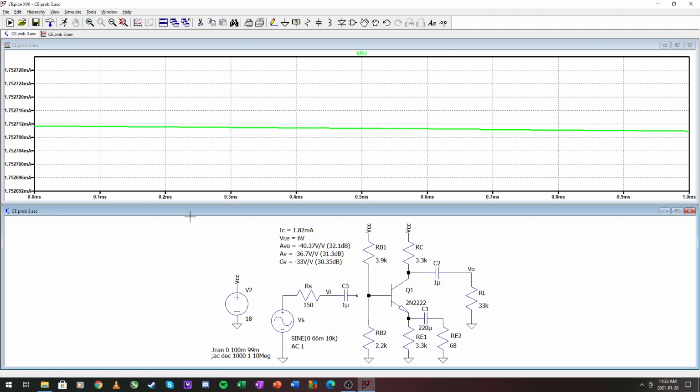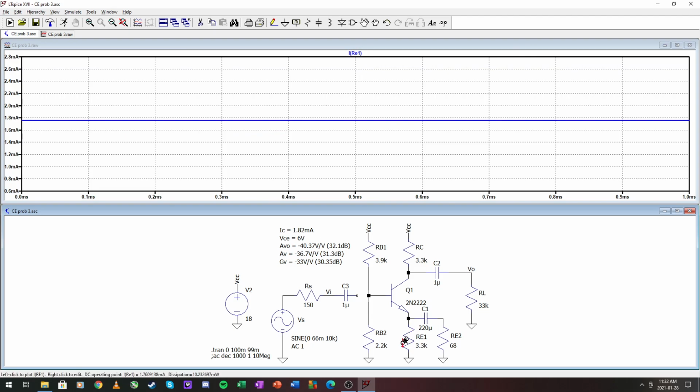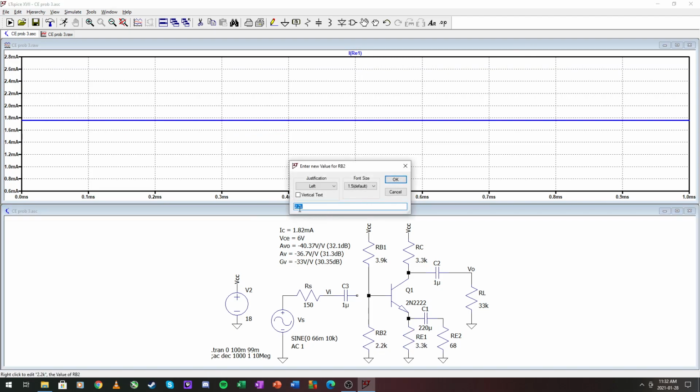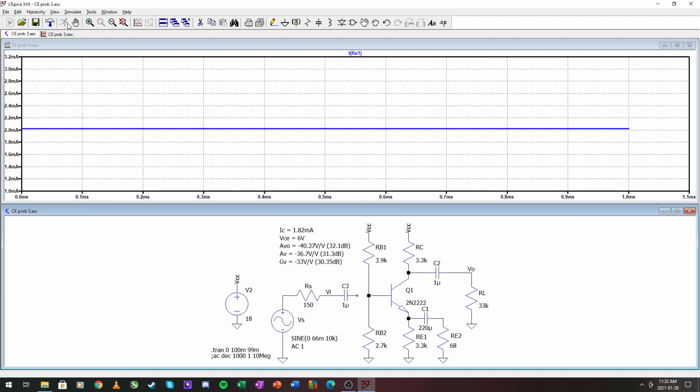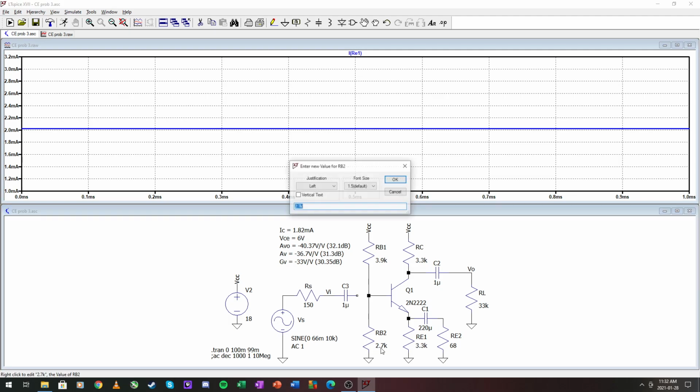The collector current is 1.75 milliamperes. On this side, closer to 1.8. And if we make this 2.7k, it will go closer to 2 milliamperes. Okay, so that is why I went with a 2.2k in the first place.